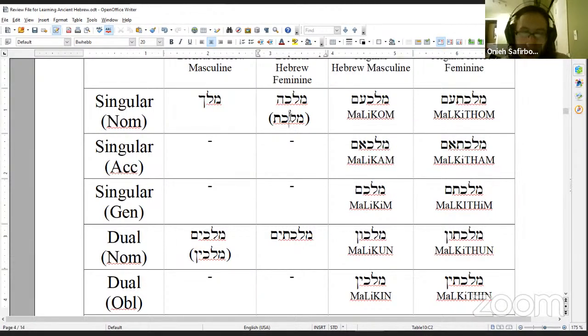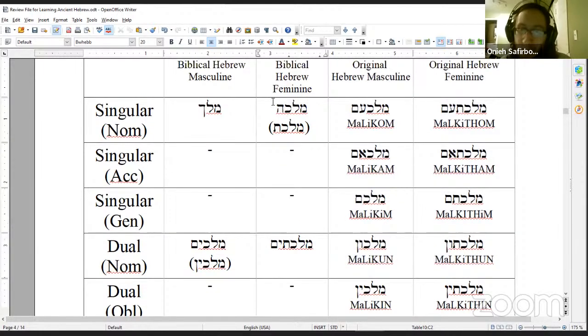So I would suggest that that's what it was originally in the time of the judges, the Canaanites, when the Israelites were in the land of Israel, surrounded by the Canaanites. They started copying the forms of the Canaanites. So they started using hey instead of tav, but they were using both in the beginning, and then over time they started using tav less and less until hey completely replaced tav. That's the forms for biblical Hebrew.